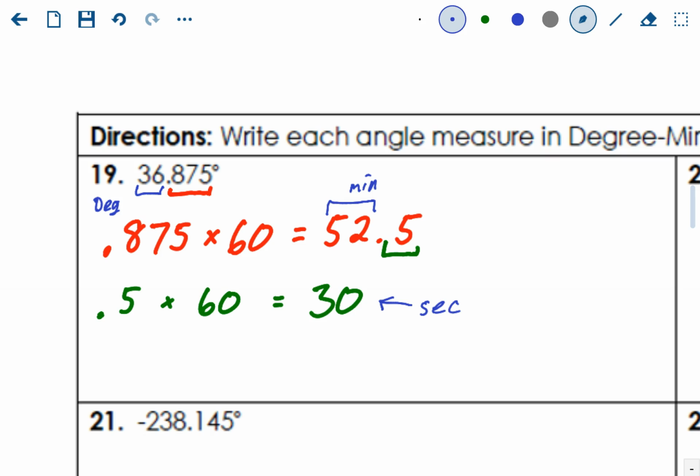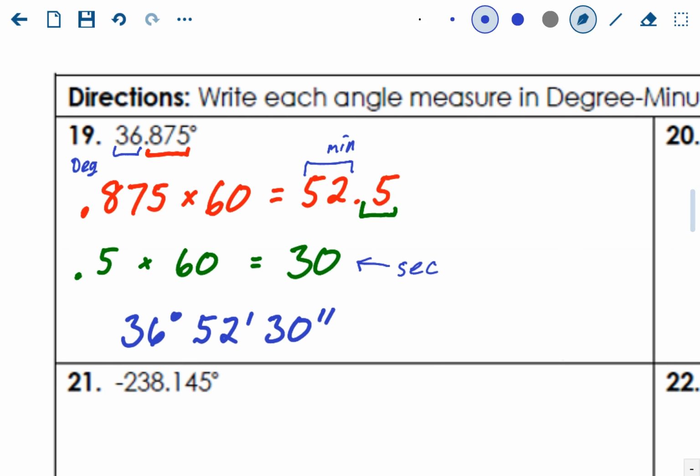So degrees, minutes, seconds, just write it in order. Our degrees was 36. Our minutes, 52. Minutes gets a single quote. And then the seconds is 30 with the double quote. So degrees, minutes, seconds.